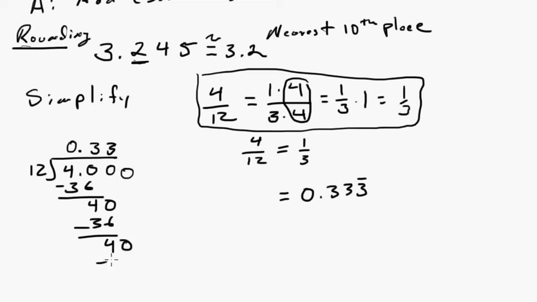So what we end up with is 0.333 forever equals 0.333 forever. So we didn't really change anything. We just changed how it looked.